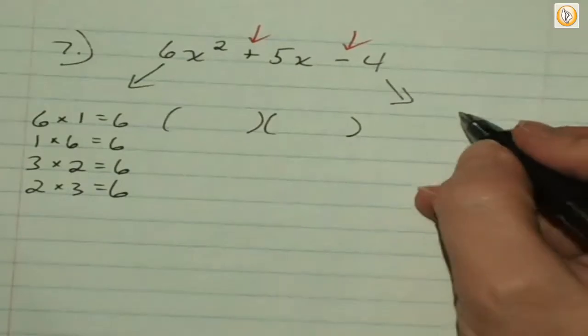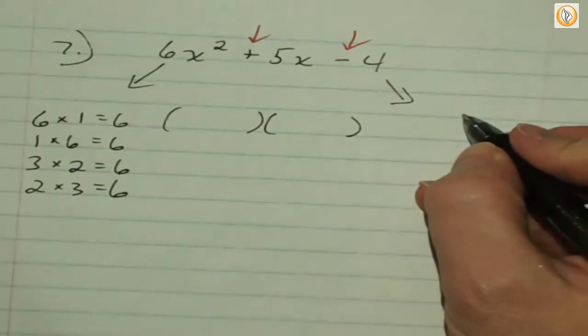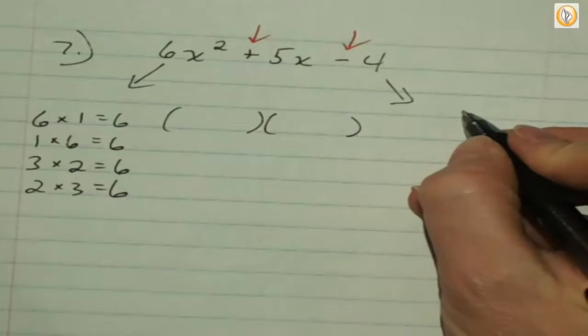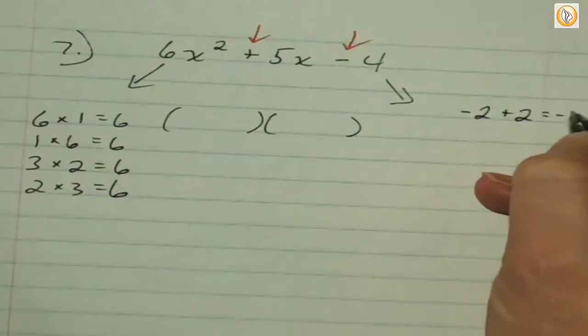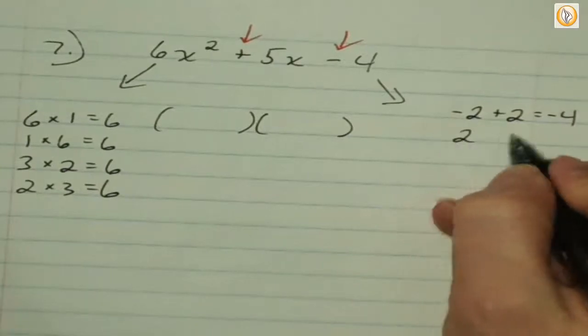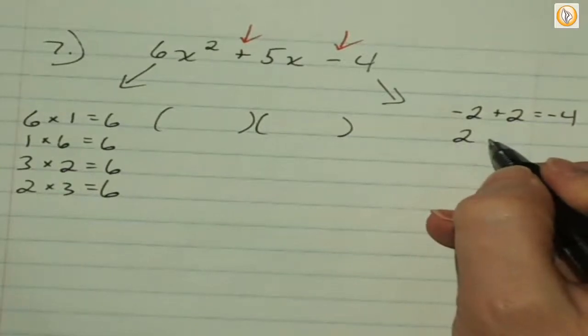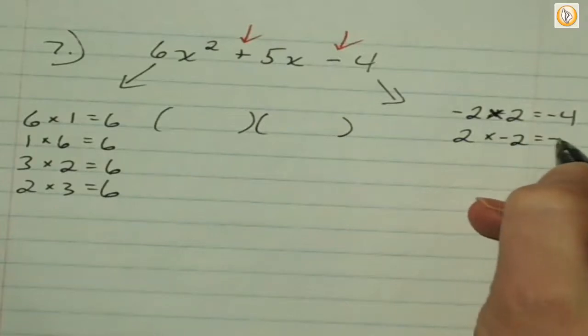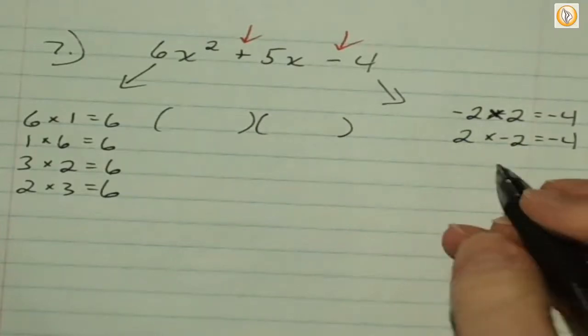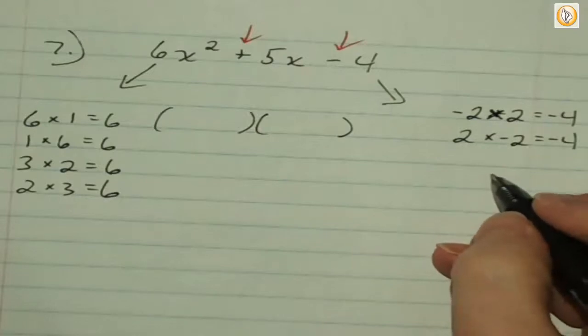So what are my ways to get negative 4? Whit? Negative 2 times positive 2. And then we can switch it as positive 2 times negative 2. Okay, what else can we do?